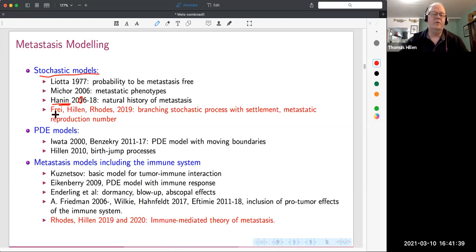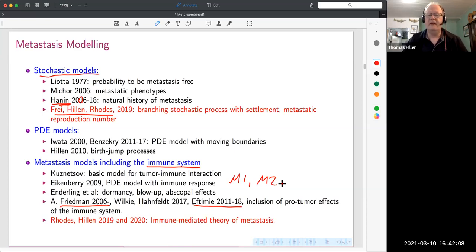And then the work with Fry, Hillen, Rhodes, is what I'm going to talk about in a few moments. And then down here, there are several models which include the immune system. Maybe I highlight the work of Avner Friedman, the famous PDE guy in Minnesota, and Raluca Eftimie, on M1, M2 macrophages. M1, M2 macrophages are part of the immune system.